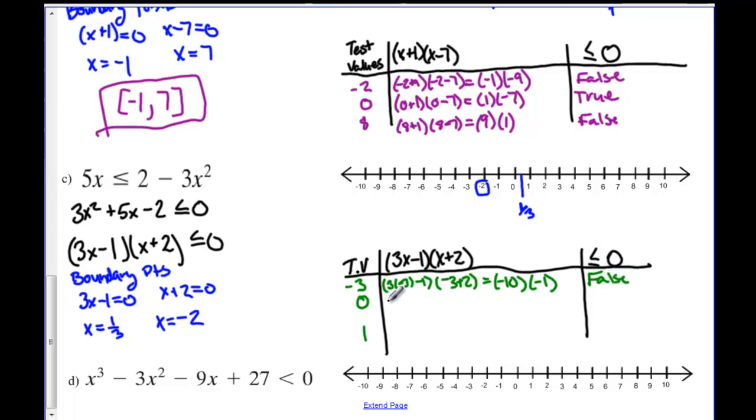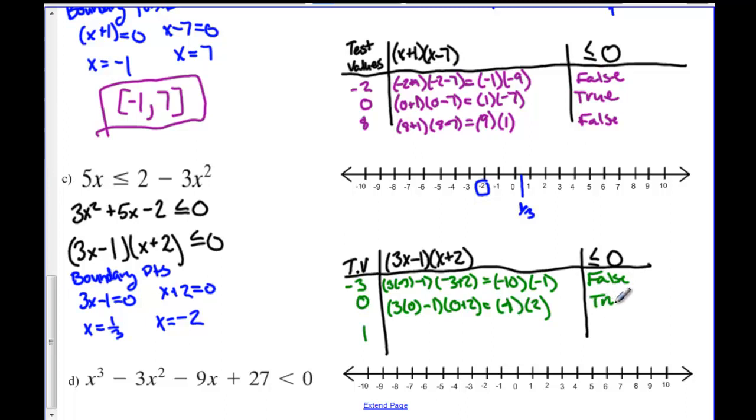All right, let's plug in 0. So we're going to have 3 times 0 minus 1 times 0 plus 2 equals 3 times 0 is 0. 0 minus 1 is going to give us a -1. And then 0 plus 2 is going to give us 2. A negative times a positive is a negative, and a negative is less than or equal to 0.